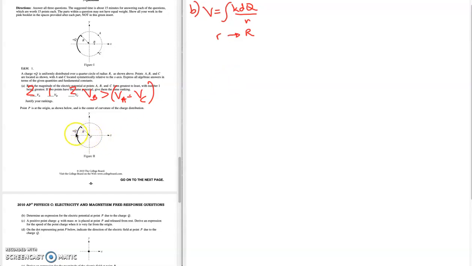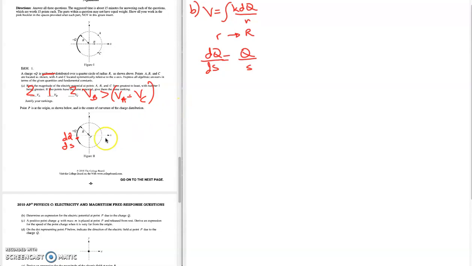Now what we need to deal with here is the fact that our little tiny dq is spread out over an arc length ds. And let's see here. Oh, good. Uniformly distributed. That's important. So what that tells us is that dq spread out over ds is the same thing as Q over the total arc length.